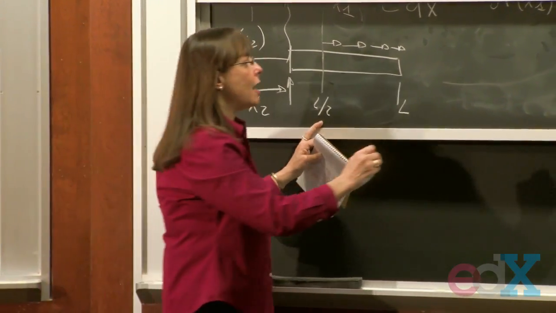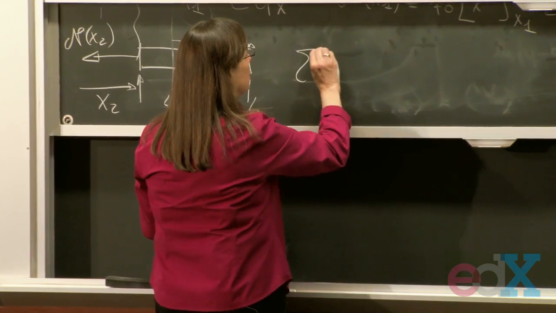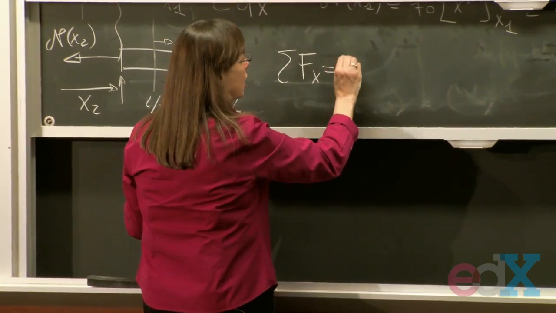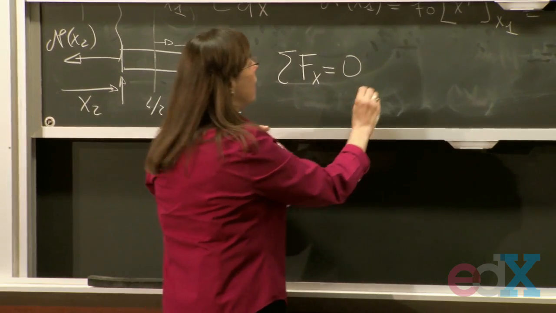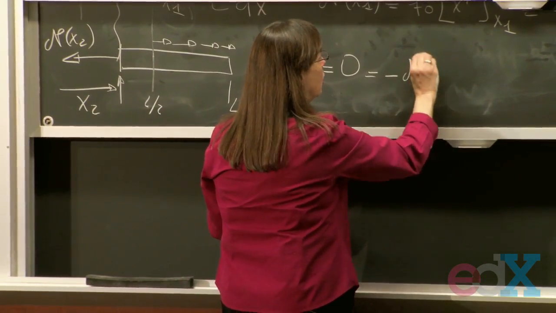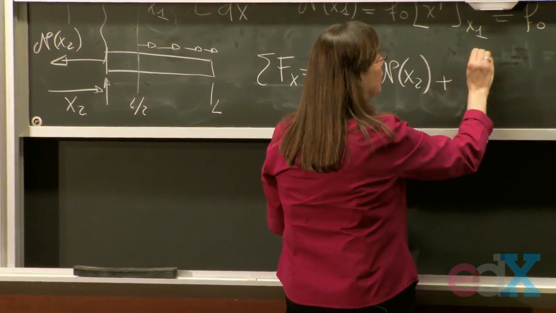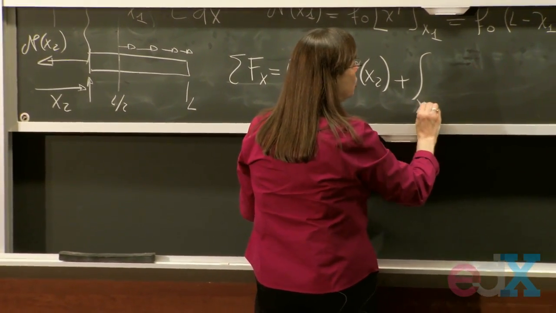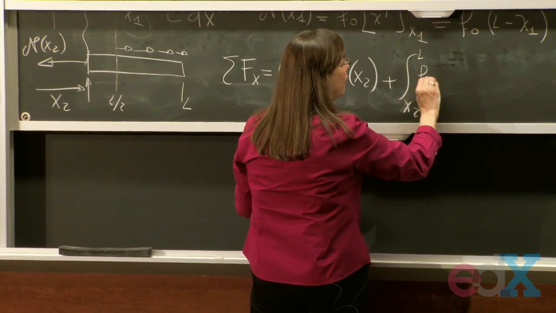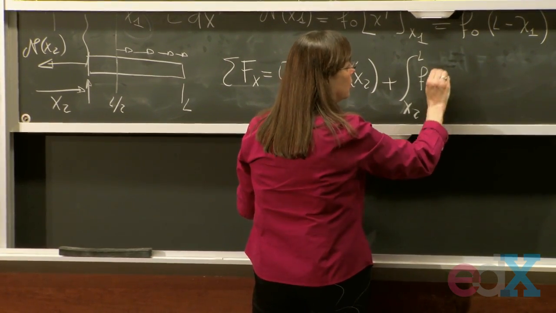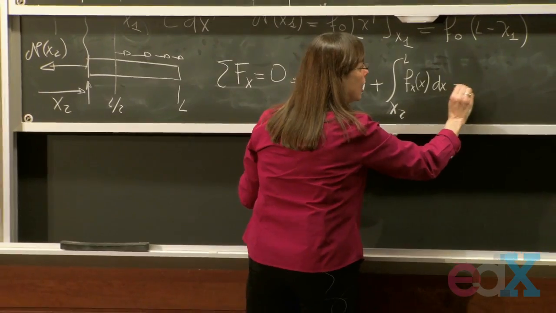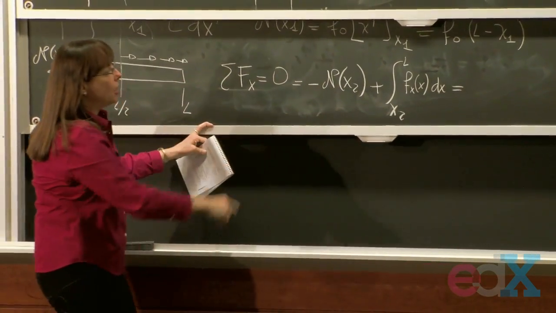So when I do the sum of the forces in x equal to 0, what do I get? I get minus n of x2 plus the integral from x2 to L of f of x dx. And that one I need to split.